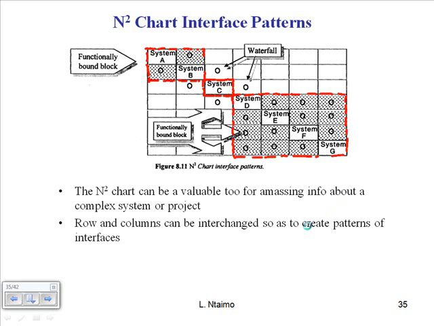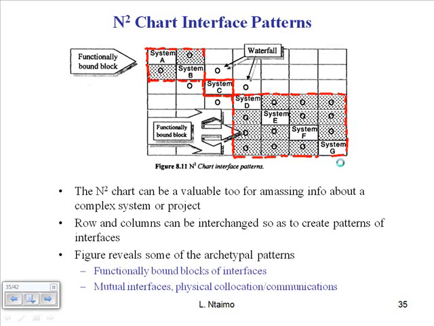Another thing that you can do with n-squared charts is you can interchange these entities. Remember the entities on the leading diagonal? I can interchange these and I will come up with a different pattern. Okay? And this particular arrangement, A, B, C, D, E, F, G, actually represents or reveals these patterns that I just described.